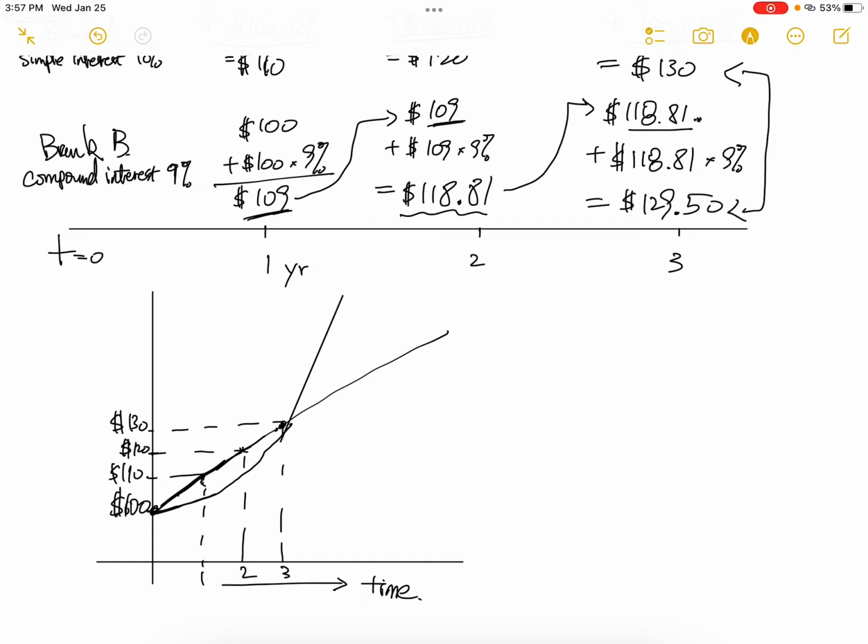And then the compound interest is going to exceed or outperform the simple interest. If you extend the timeline long enough, any compound interest is going to beat any simple interest because of this graph, the whole concept of this.